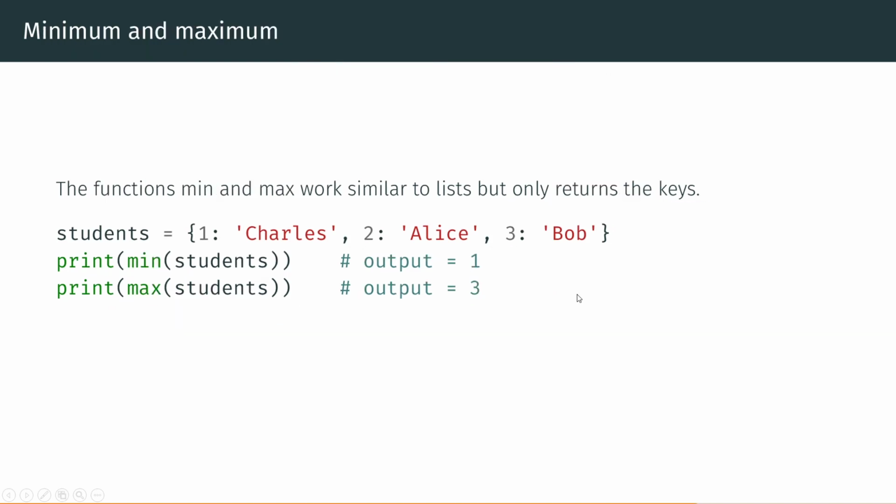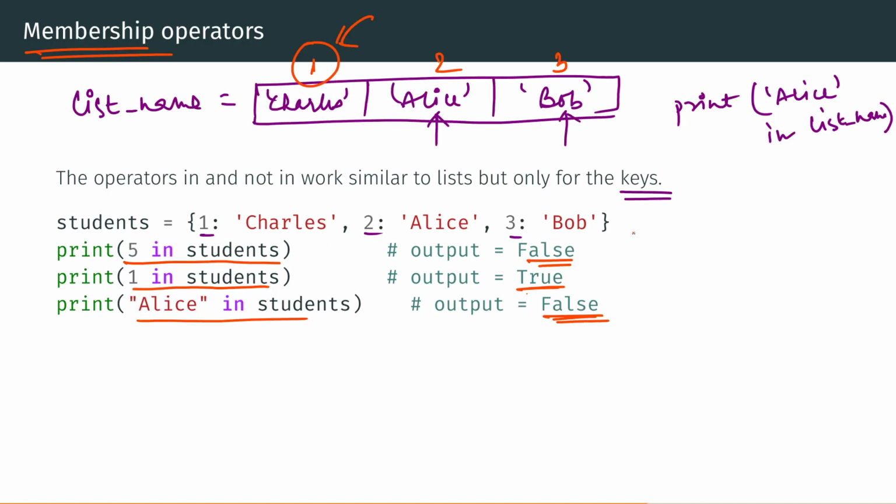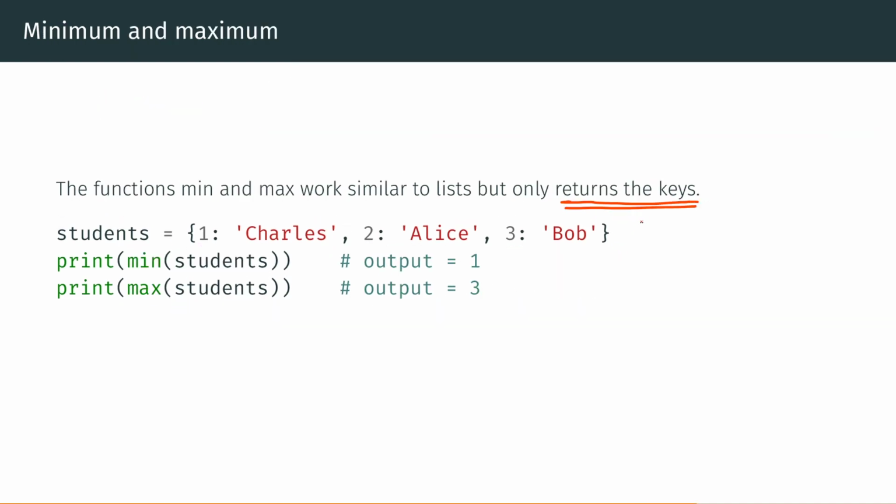Similarly, for finding the minimum and maximum, the min and max only work on keys. This is again similar to the previous slide that we saw. Membership and min/max only work on keys, and this is where dictionaries differ from lists.